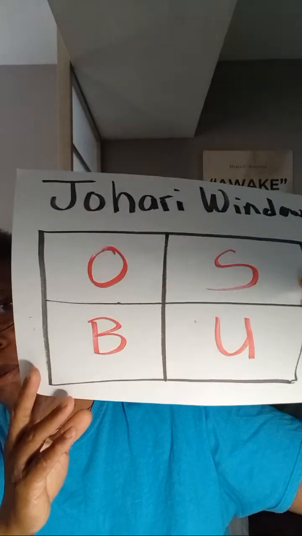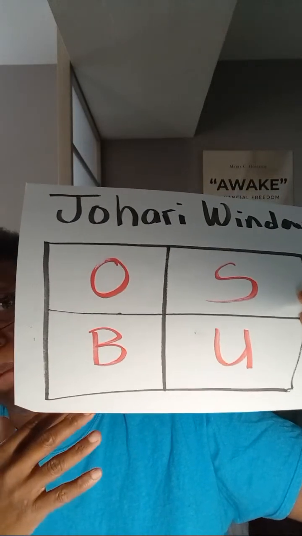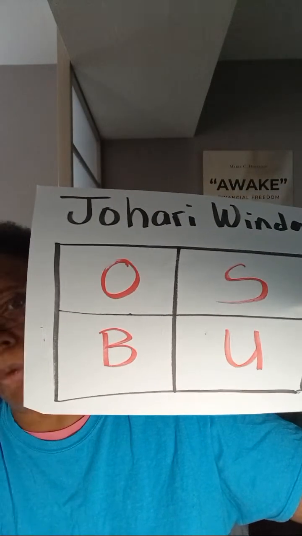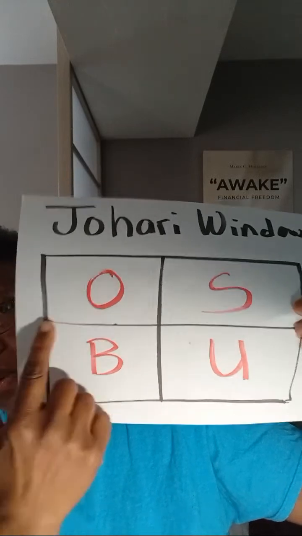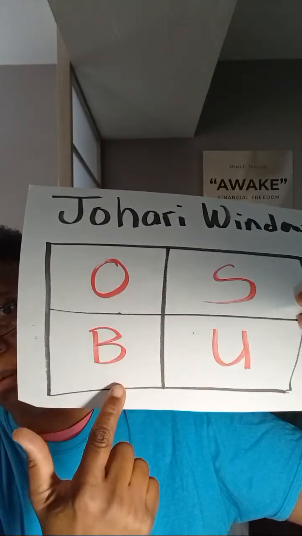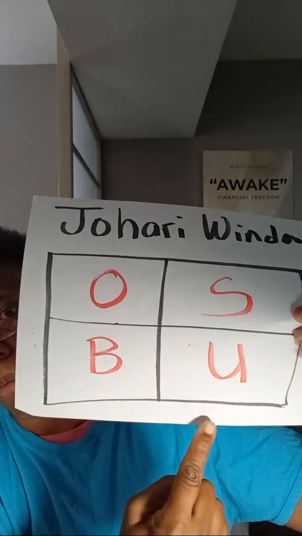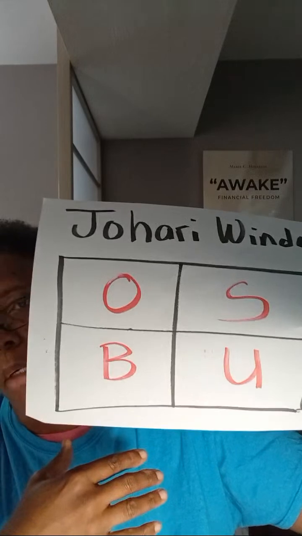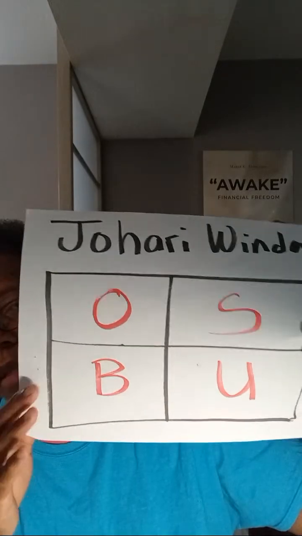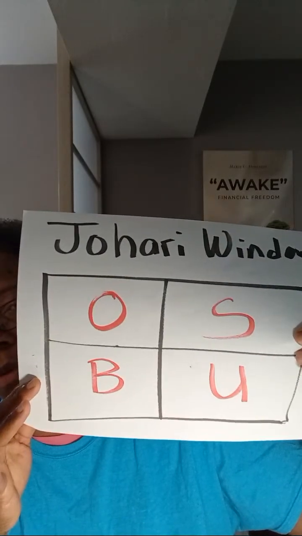I don't know if you all can see this, but I'm going to hold it up. There are books out on the Johari window. With the Johari window, there are four areas to the panel: the O, the B, the S, and the U. I'm going to raise up this image again throughout my lecture.